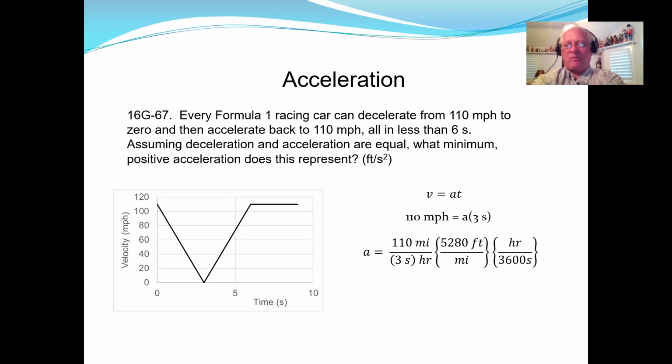In this case, 5,280 feet is equal to 1 mile, so when I write the fraction like this, I'm multiplying by 1. The same thing is true for an hour and 3,600 seconds. I cancel out the hours, 1 in the numerator, 1 in the denominator. I cancel out the miles, 1 in the numerator, 1 in the denominator. And what I wind up with then is feet per second squared. And the answer is 53.8 feet per second squared.